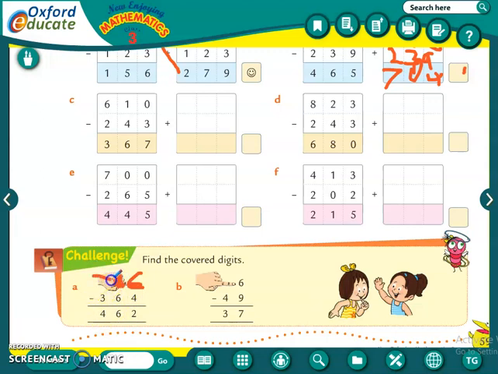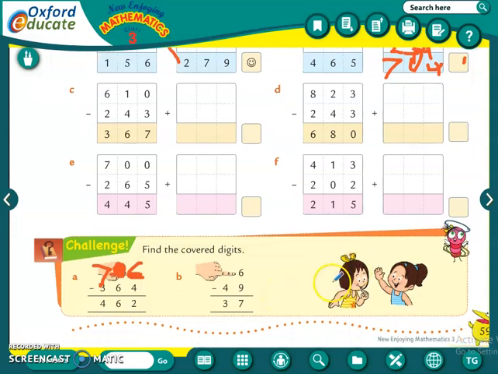So it might be 7. Like this you have to do the second one also. This one is 0 only. ये पूरा 0 है. Okay. Now you can do this. You can do it by yourself. Now we will go to the next page.